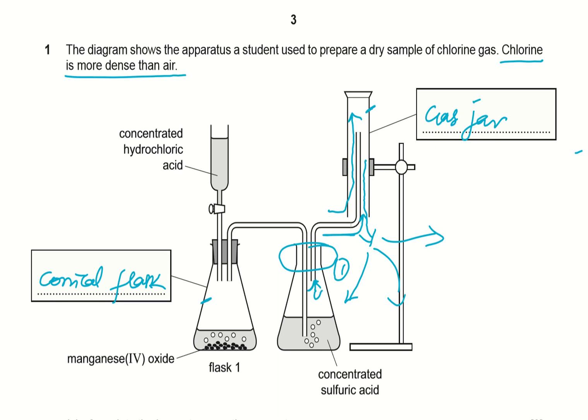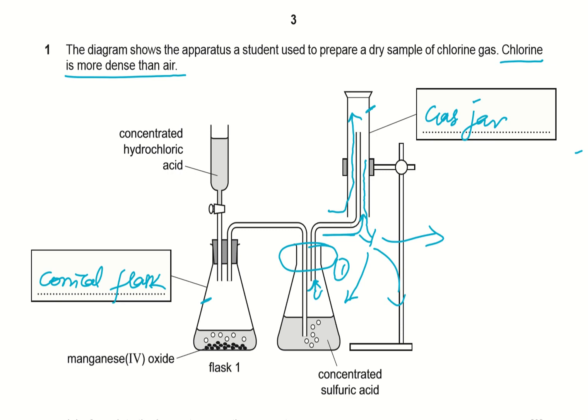Then the chlorine gas will no longer be collected. That means the chlorine gas will be lost. So for gases that are more dense than air, you use downward delivery. For gases that are less dense than air, you use upward delivery. Since they are less dense than air, that means they will stay in the gas jar.